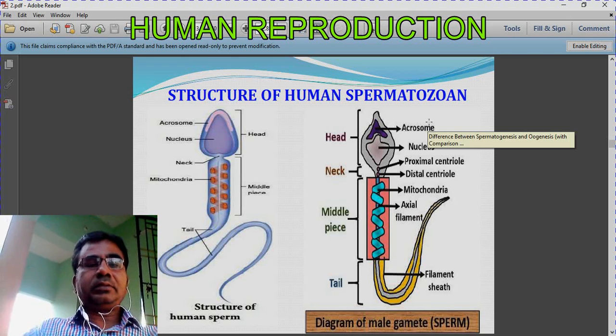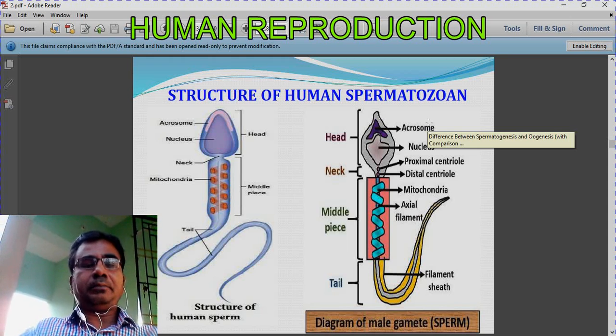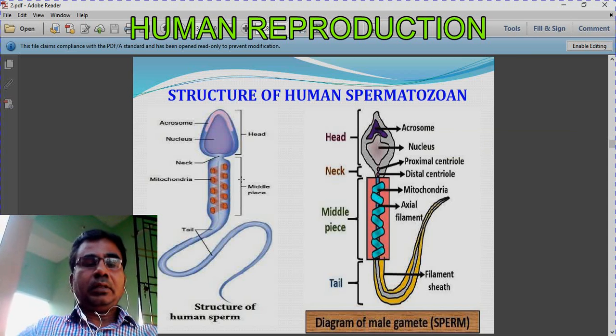Okay, so this is the structure of the sperm. This is also very important from the examination point of view. You must know how to draw the diagram of the human sperm and its parts, and you must know how to label the parts. There are three main regions: head, middle piece, and tail.